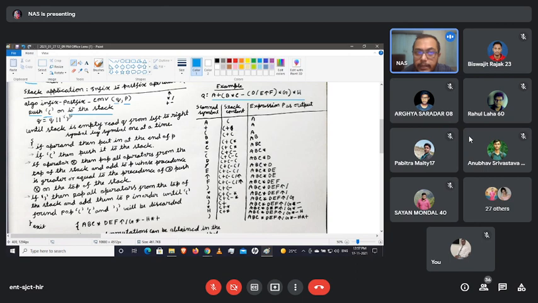So whenever these two encounter each other, that means our total thing is getting exhausted and there is nothing left to convert. So that's why we are pushing the opening bracket first when we are doing the conversion of infix to postfix. Clear? Yes, sir.